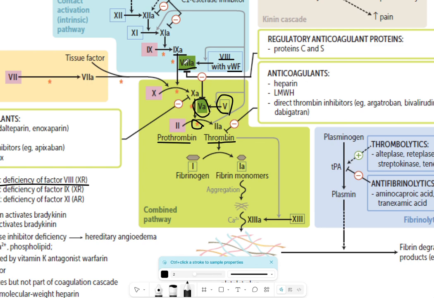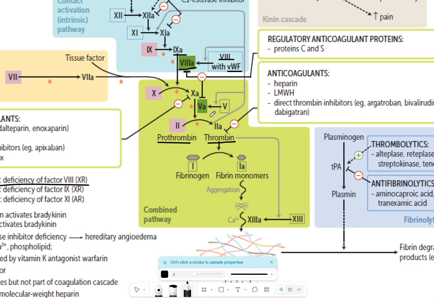So this step, the common pathway, the step of 10A being used to convert prothrombin, which is factor 2, into thrombin, needs calcium, needs phospholipid, and it needs the factor 5 to be converted into factor 5A. So these are the things this step needs, right? Okay, so that's done here.